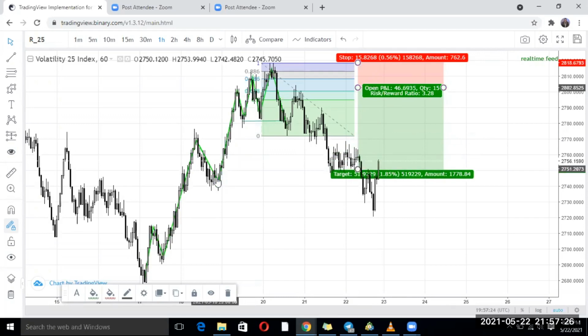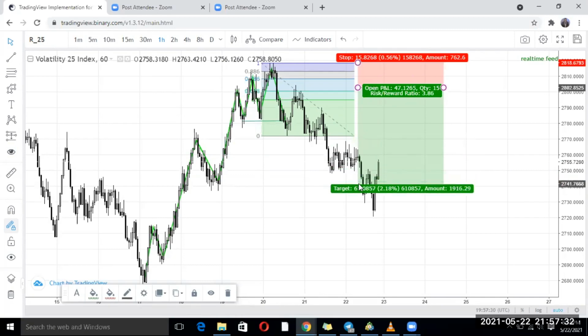This will be your next take profit, which is at this point. This is 3.84, almost 1:4. So this is how you could get clean trades from a Fibonacci tool after a market retracement, after a break of structure.